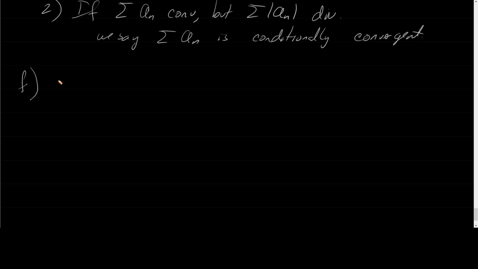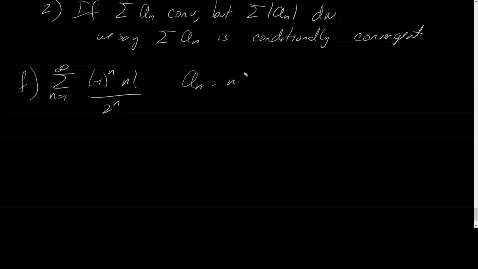Let's look at the series from 1 to infinity of -1 to the n times n factorial over 2 to the n. Now this is an alternating series, clearly, right? We have -1 to the n. But let's take a look at this series overall. What is our sequence?